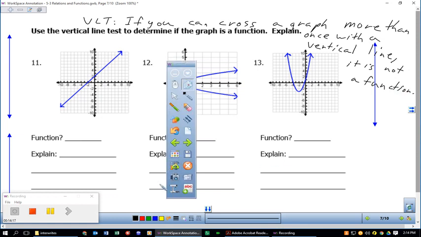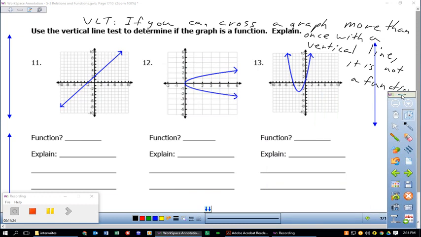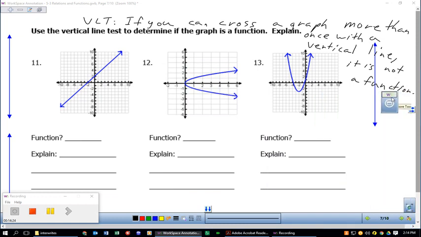See if I can explain that a little bit better.